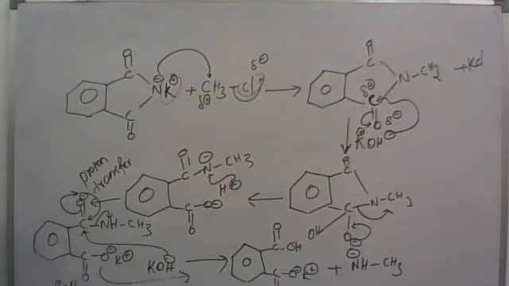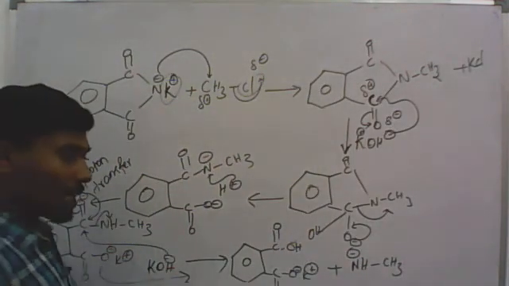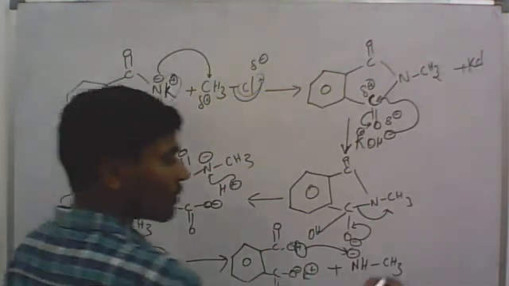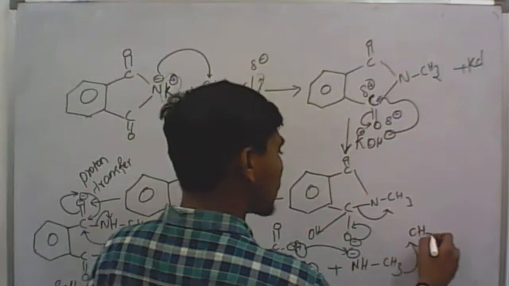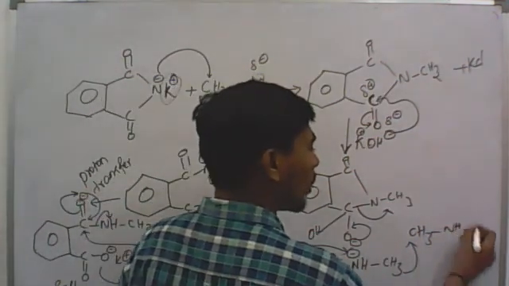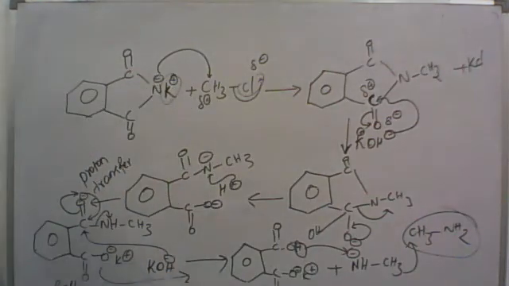Now next step is what? Proton transfer. The proton is transferred from here to here and it produces the product, CH3 NH2. What we get? This is a primary amine.